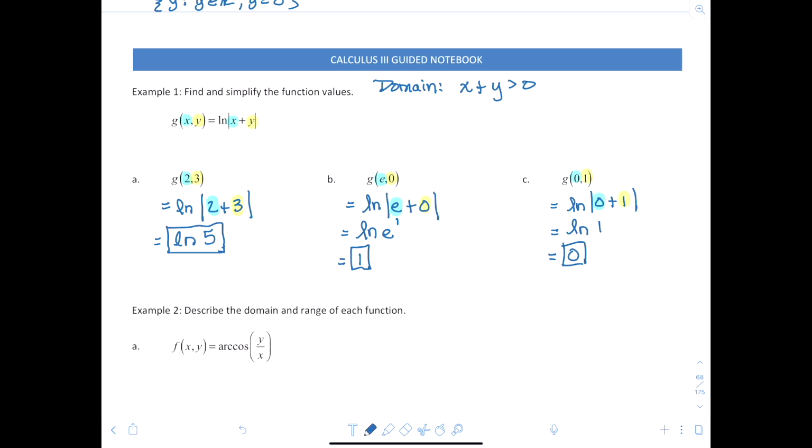So here we go. How could we write that? Well, let's do set builder notation. Now again, we have ordered pairs, right? So our domain will be the ordered pair x comma y such that x and y are real numbers.